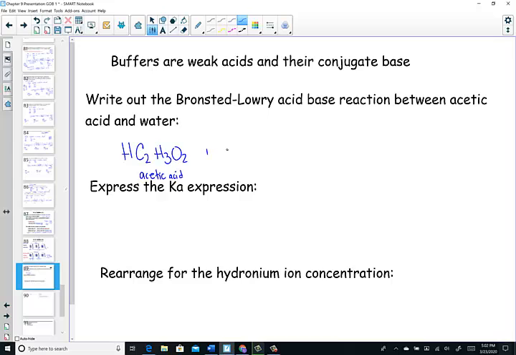And I'm going to react that in just a Bronsted-Lowry proton transfer, where acetic acid donates a proton, forming its conjugate base, acetate, and the conjugate acid of water is hydronium.